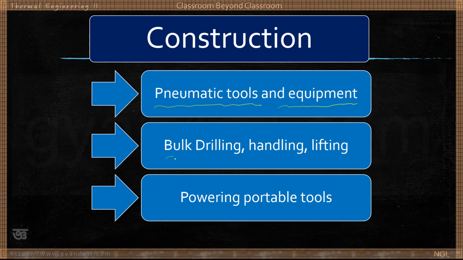It is also used in drilling at the construction site, for handling heavy equipment, and for lifting heavy weights. It is also used for powering portable tools. Some portable tools can be given more power with the help of a compressor. High pressure air can give the power. It has the power to do work.